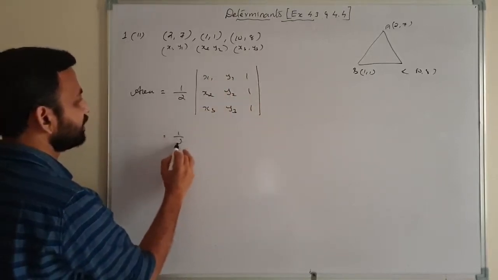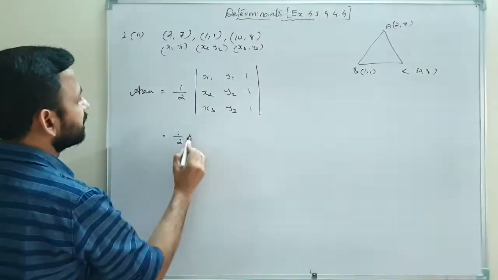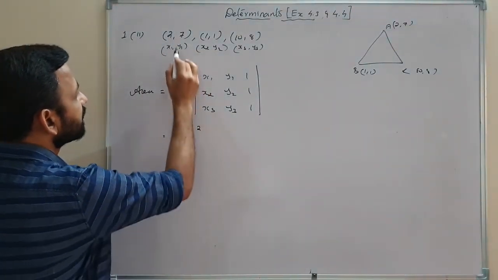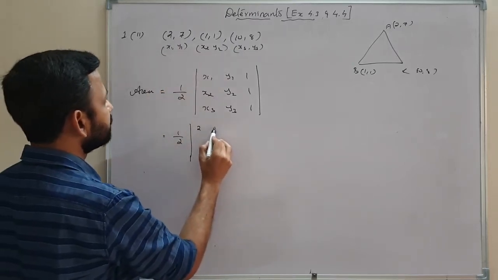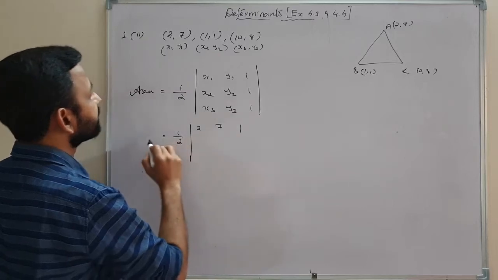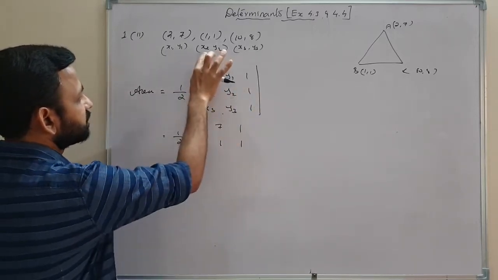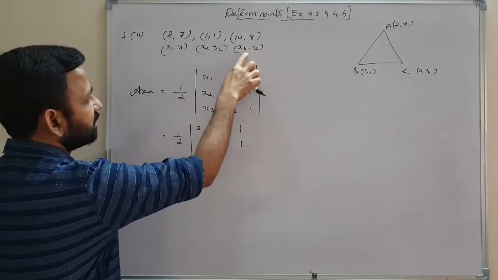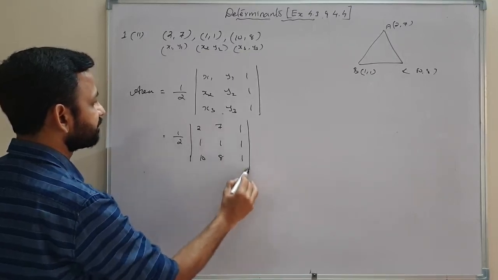That is equal to 1 by 2 into the determinant. x1 is 2, so the first row is 2, 7, 1. Then x2, y2, 1 is 1, 1, 1, and x3, y3 is 10, 8, then 1.